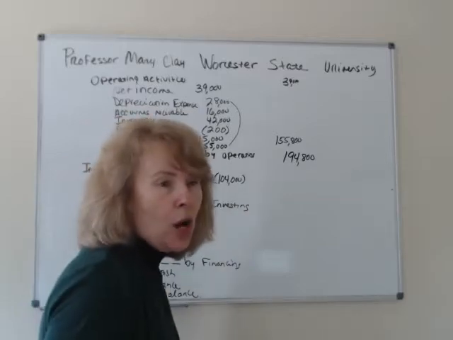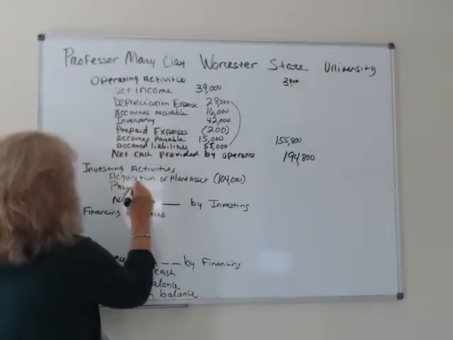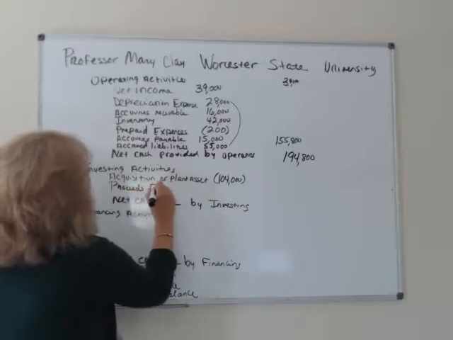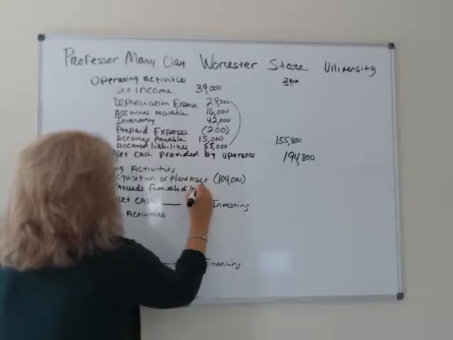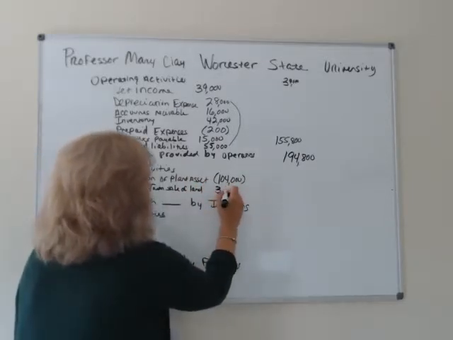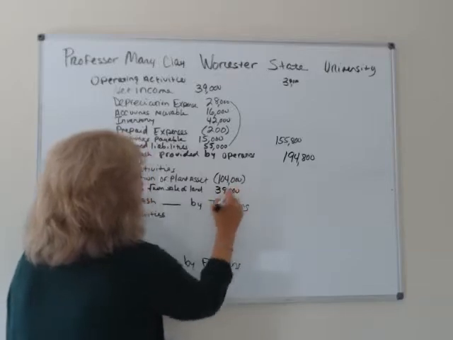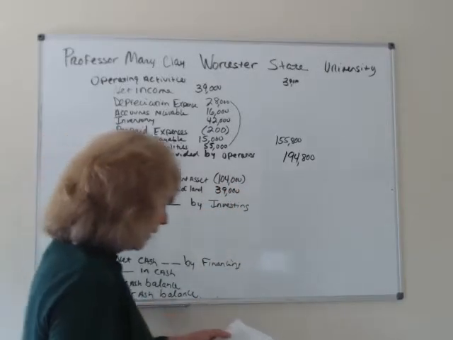Okay? So just call it proceeds from sale of land and $39,000. Now show that positive, right? Be very careful. All right, now let's go to the next one.